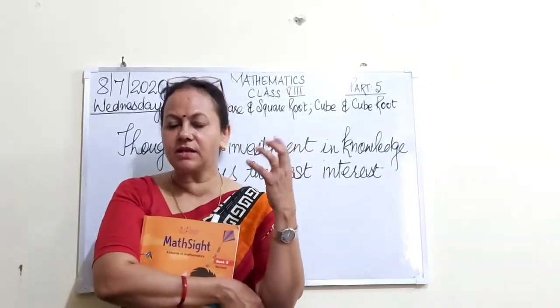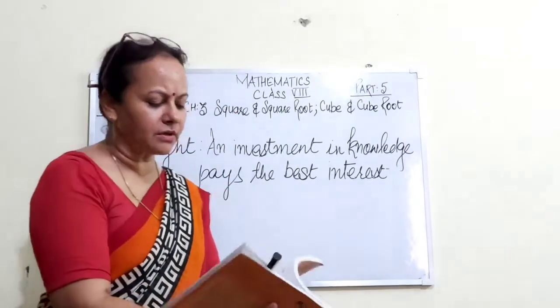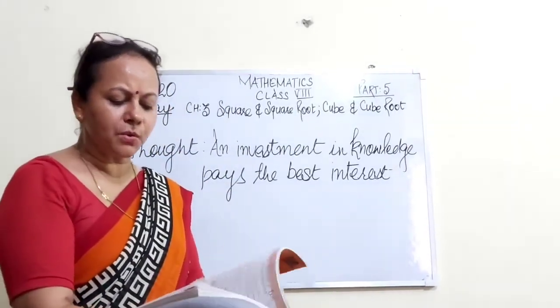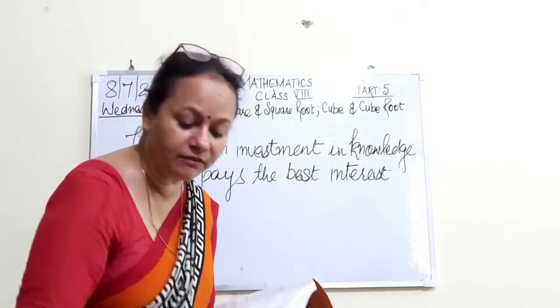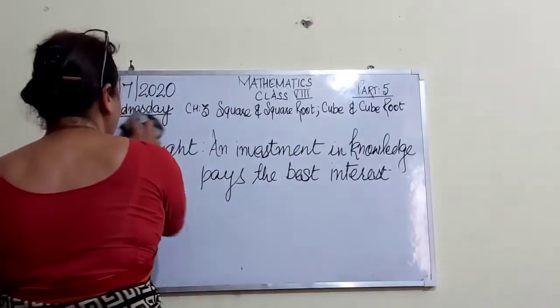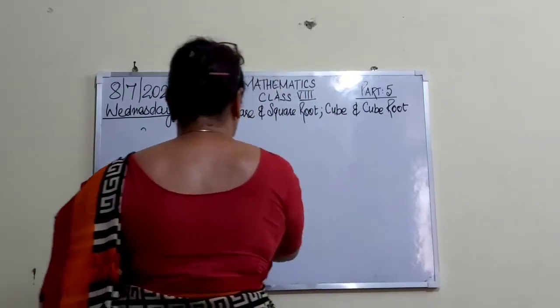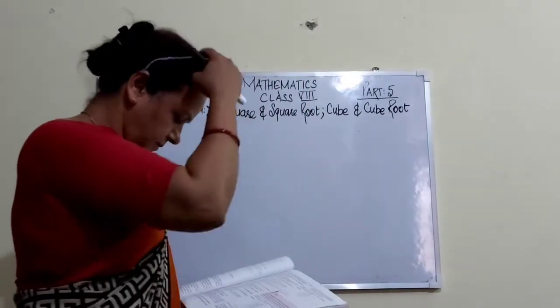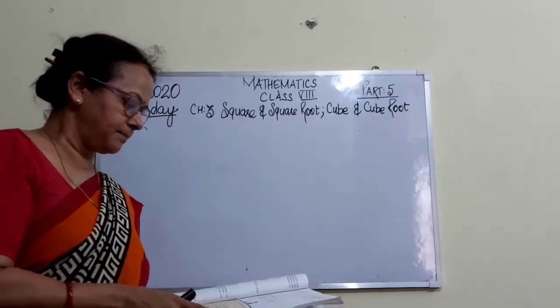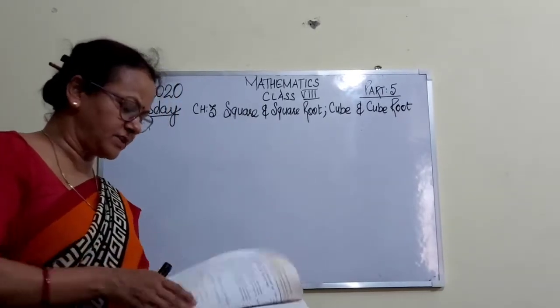Let's start with the concept of square root, finding the square root by the division method. Our today's concept is to find the square root by the division method. Till now we have done the factorization method.